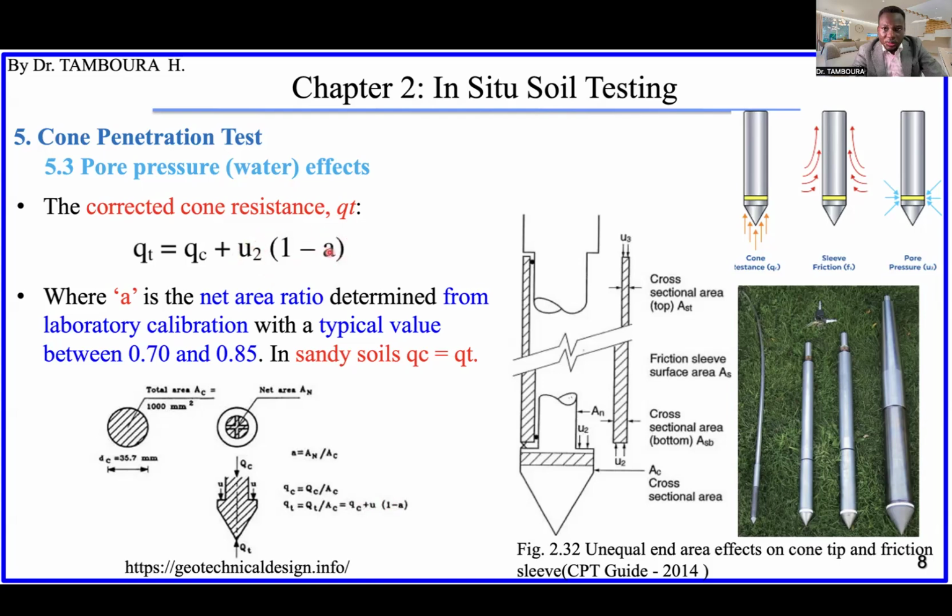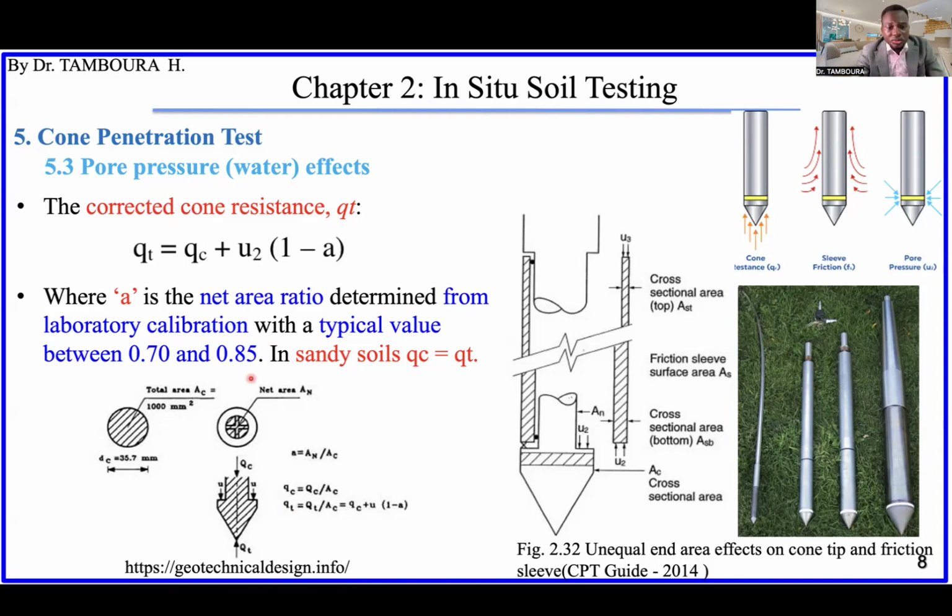I hope you understand how this A is obtained. Depending on the cone you are using, please check what is the value of A. It should even be given in the manual.